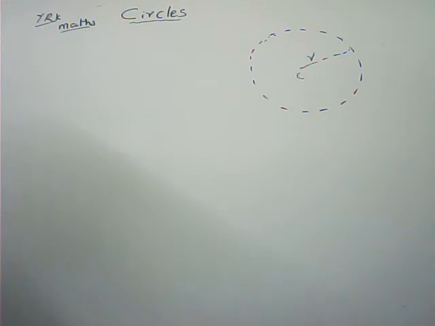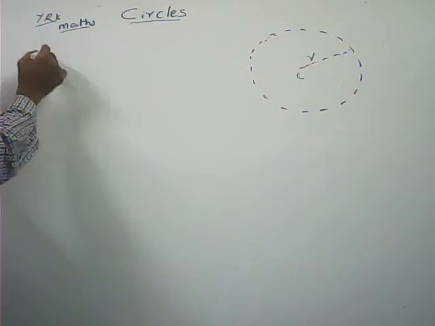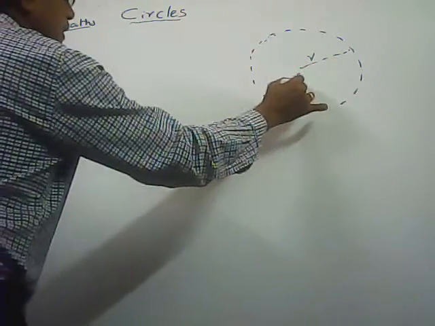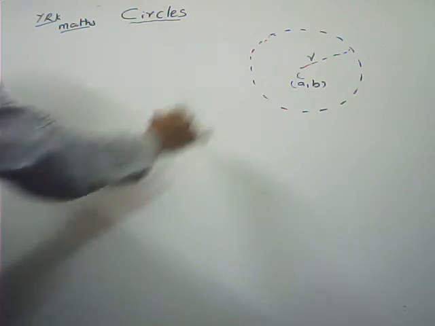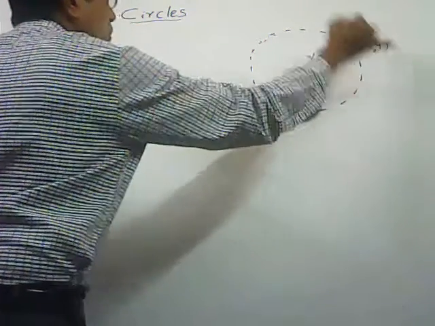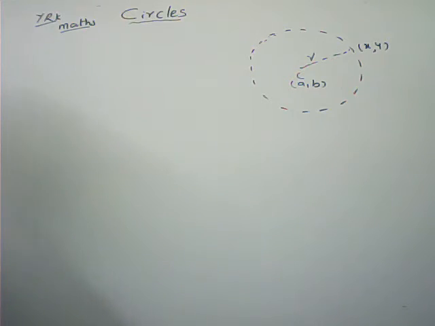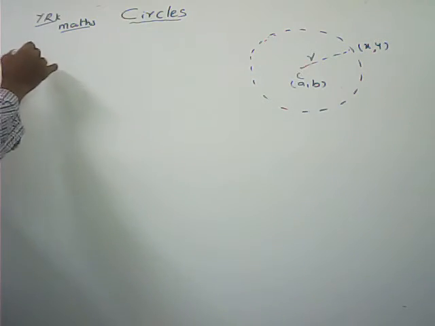Now, the standard form of the equation of the circle. What is that one? Center I am taking (a, b). Now this is the set of points. You can take any point, a variable point I am taking. The distance between these 2 points should be equal to the radius.